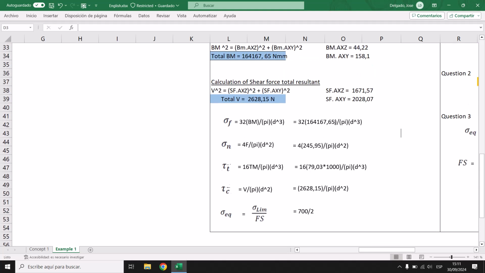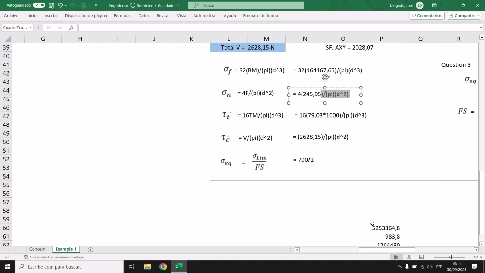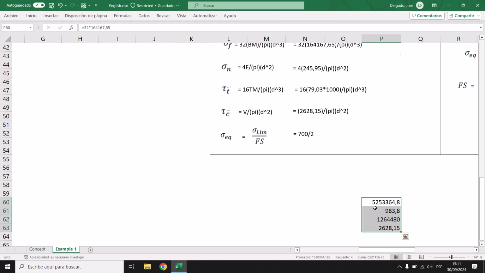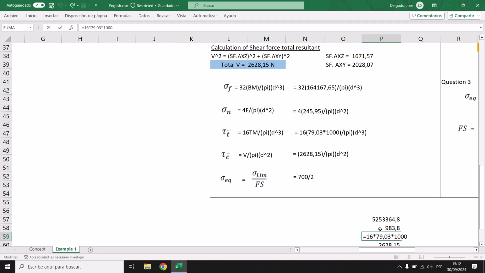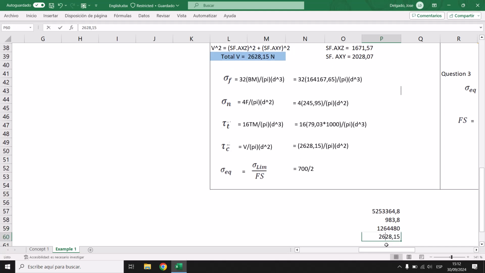I have already calculated this. Just multiply this, not divided by pi. I have the number here just to save time in the video. And you can see this 3 times this value, 4 times this value. It's the same.